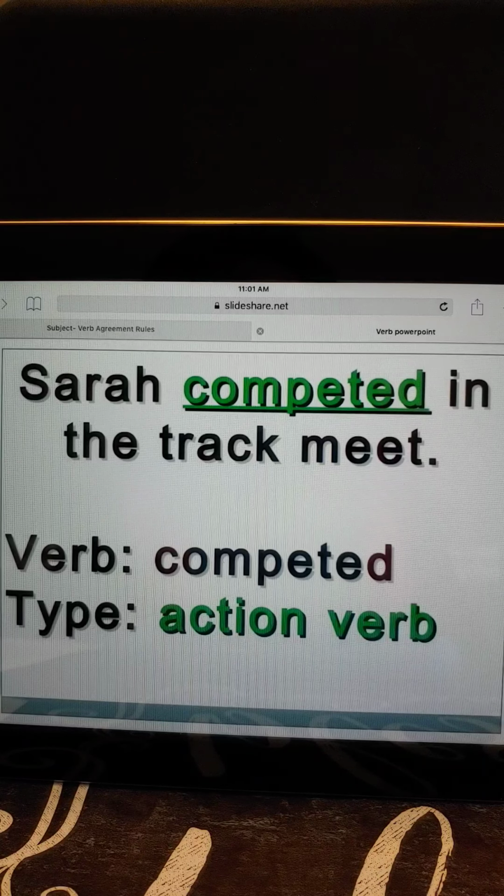Looking at page 131, we're going to look at number 1. But first, I want you to read the directions. Hopefully, you've been reading the directions, and they're very straightforward, and you're understanding them. If not, I want you to email me in the Google Classroom and let me know what you don't understand. So, for Think A, number 1, they want you to draw 2 lines under the verb in each sentence.